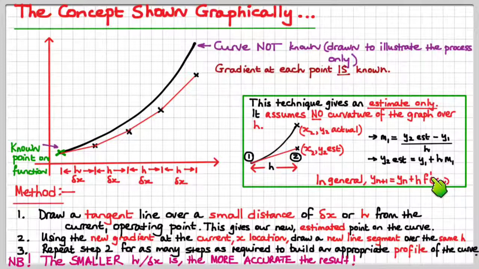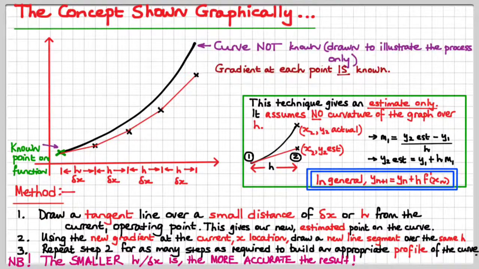That's what you use to work out this point from that point, and then this point from that point, and so it goes. That's how you do it. Now, that formula is incredibly important. You have to know that formula. That is Euler's method in a nutshell.